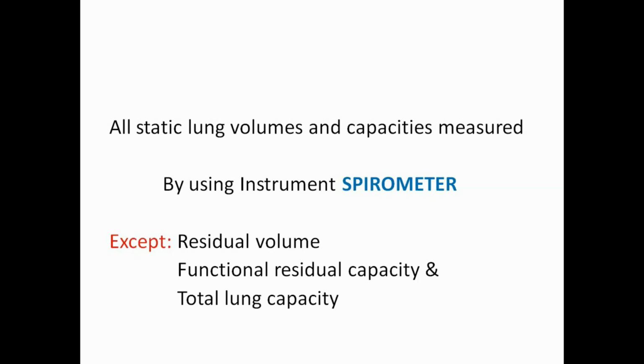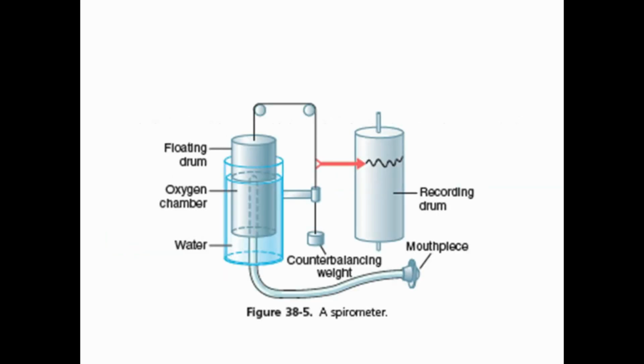As you can see from the formulas I have mentioned previously, functional residual capacity is equal to expiratory reserve volume plus residual volume, and total lung capacity is equal to vital capacity plus residual volume. Since residual volume is a component of the functional residual capacity and the total lung capacity, the spirometer cannot measure these two capacities along with the residual volume.